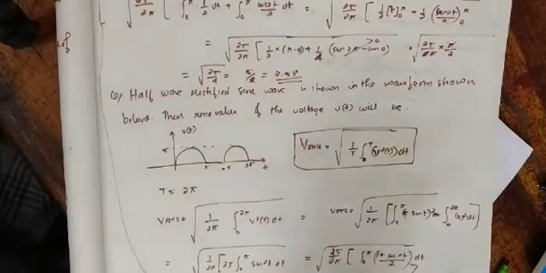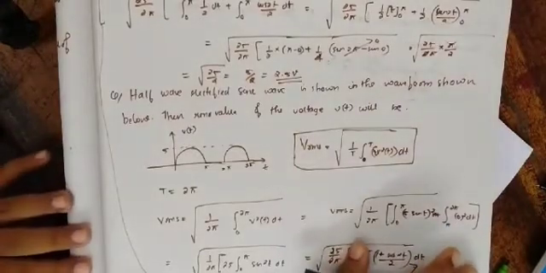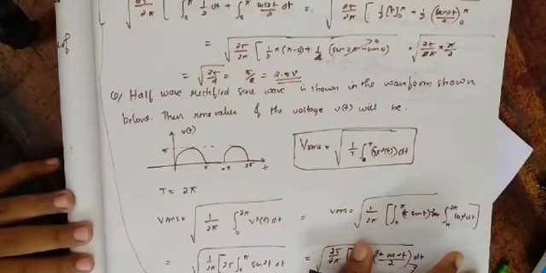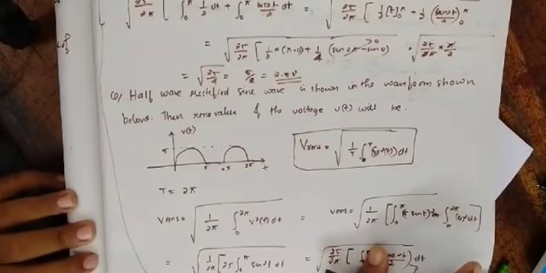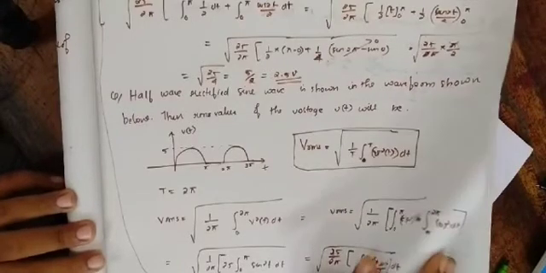Okay, let's do the next question. Yeah, it is sine square t. What's the problem? I solved it like that only. Instead of sine square t, I wrote it as 1 plus cos 2t divided by 2 and then integrated it.